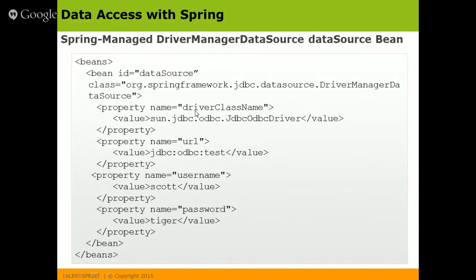We have to specify here the property. You can see the first property, the driver class name. As we already saw in the previous Java JDBC API, we have to specify the driver class name. Similarly, we have to fill the driver class name of the driver manager data source class with the particular database driver class name. You can see I have specified sun.jdbc.odbc.JdbcOdbcDriver.